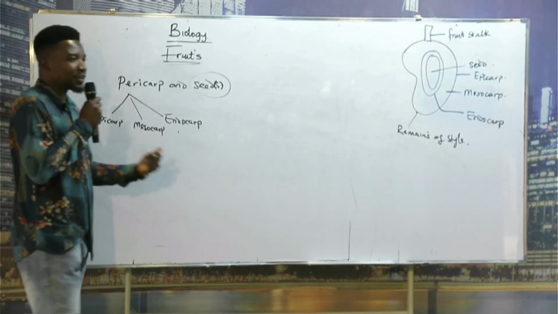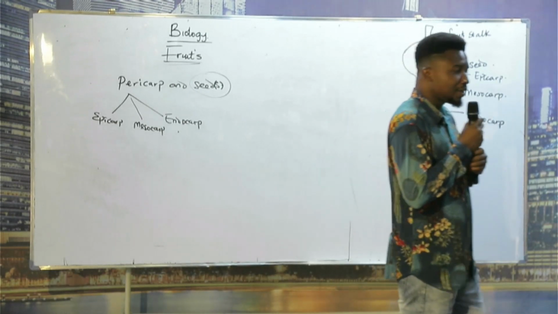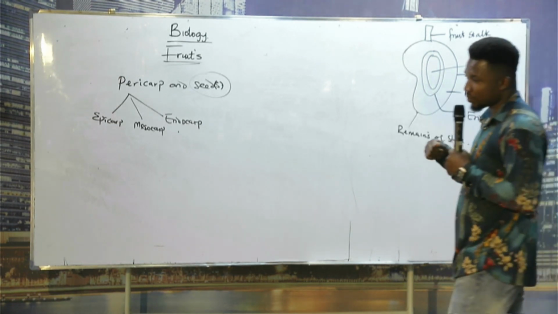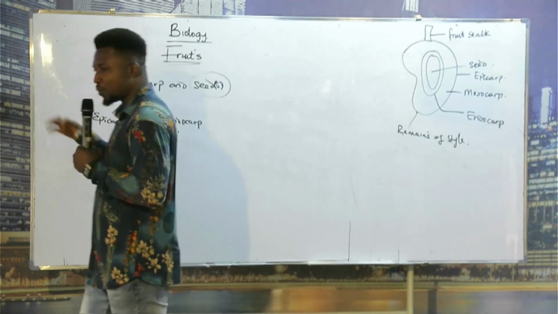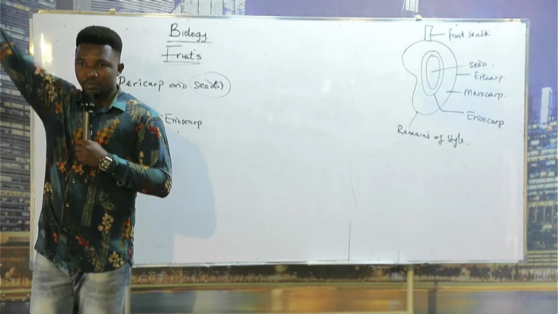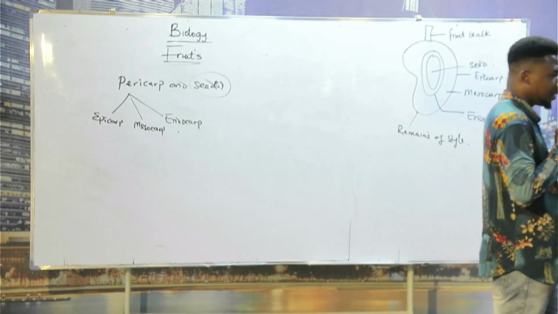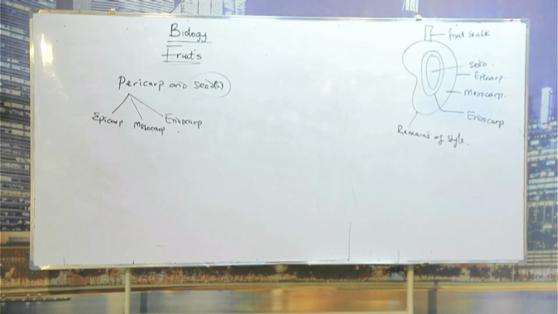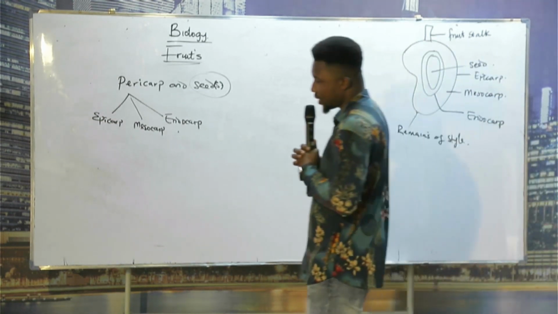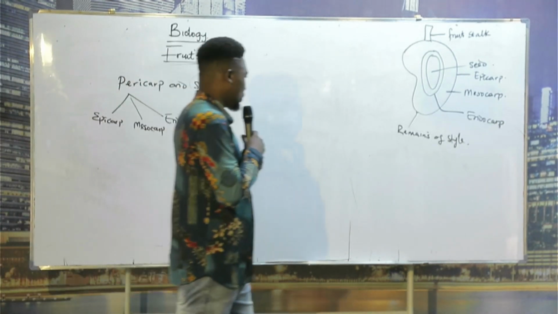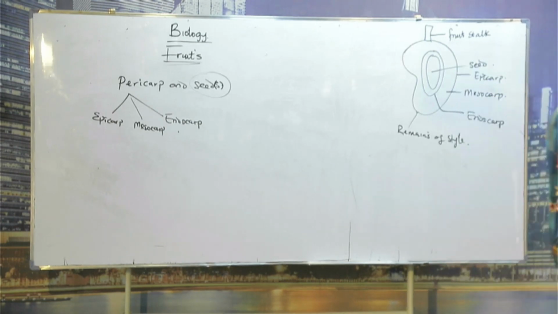Let's go to the hint. What is another name for pericarp? Another name for pericarp is fruit coat, while the endocarp is seed coat.